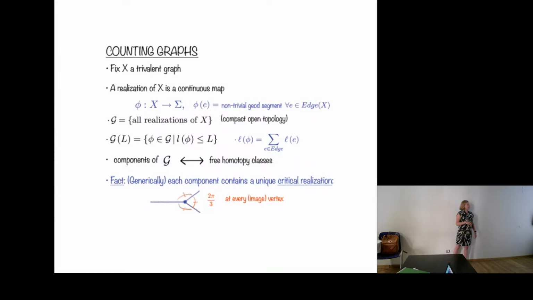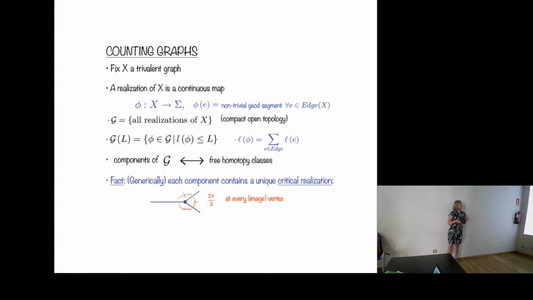Then each such component you can straighten into what we call a critical realization. It means that at every vertex you make the same angle, 2pi/3. It really is a critical point of the length function. That's why I use the word critical. But really just think about it like pulling tight.